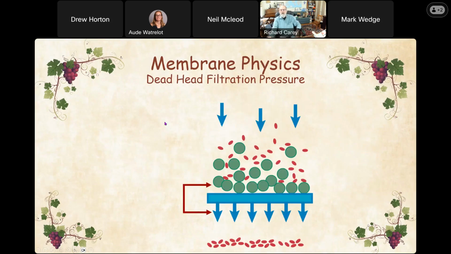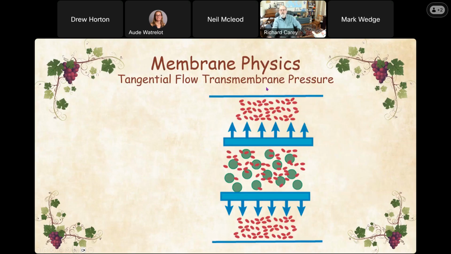So we talked about deadhead filtration here. I'll go on to the formula for that: the transmembrane pressure is the pressure of the feed versus the pressure of the out, and that gives you a transmembrane pressure. In tangential flow membranes, though, it's a little bit more complicated because you want to have turbulent flow against your membrane surface.